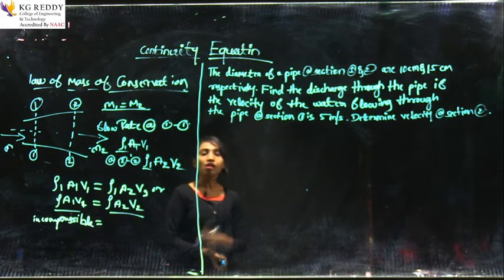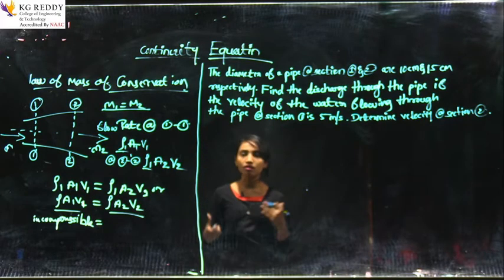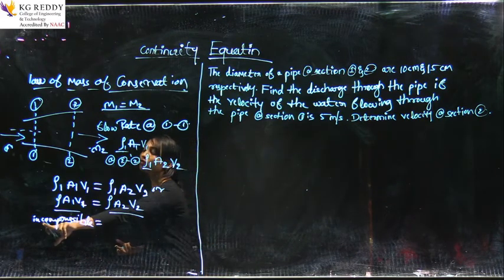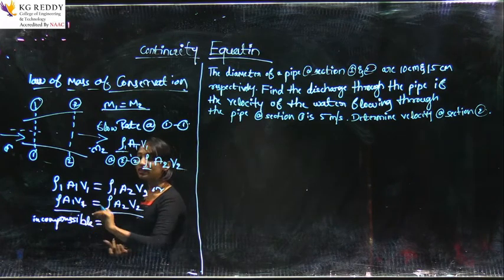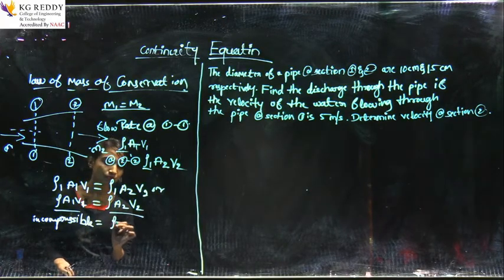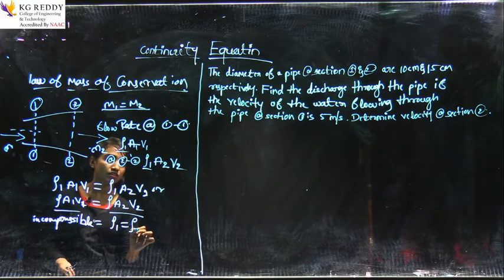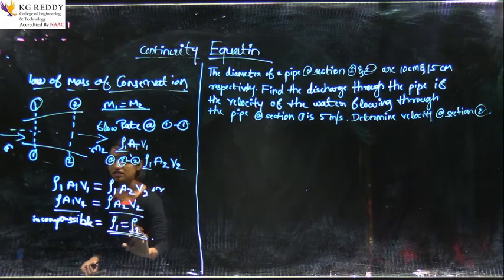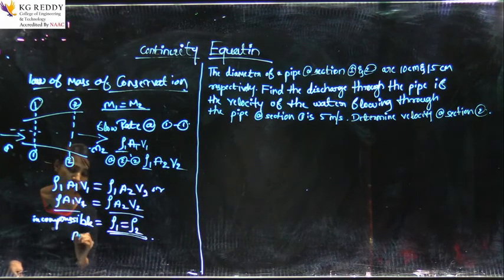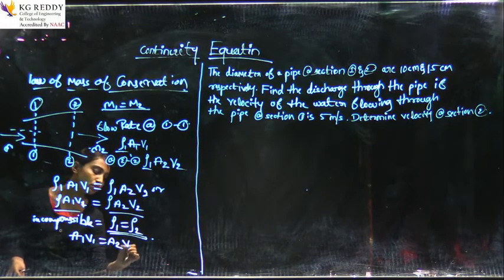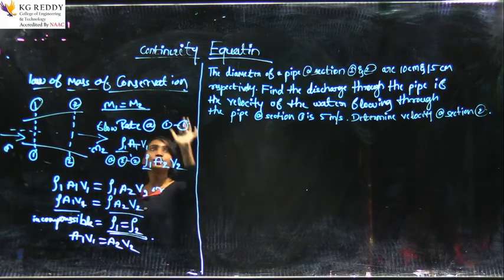For example, water: a 1 liter bottle contains a maximum of only 1 liter, no more, because water is incompressible. If it is incompressible, the density is constant and cannot change. So the equation becomes A1 V1 is equal to A2 V2. This is the continuity equation.